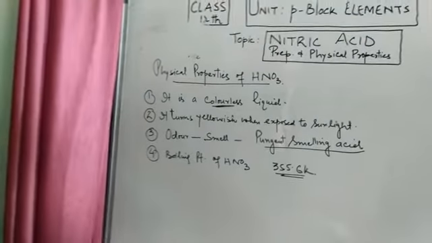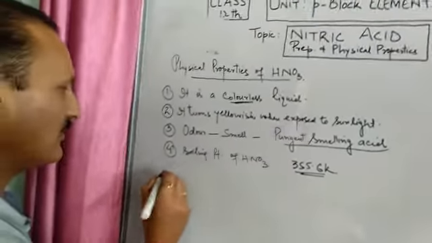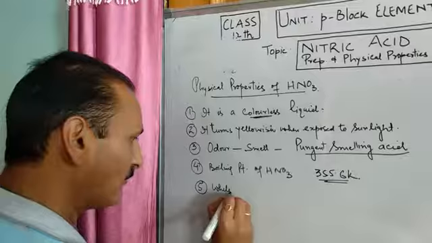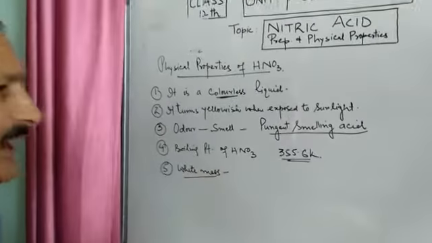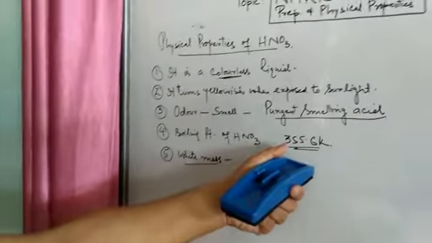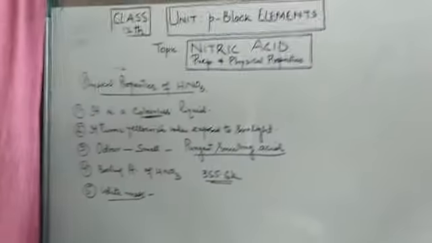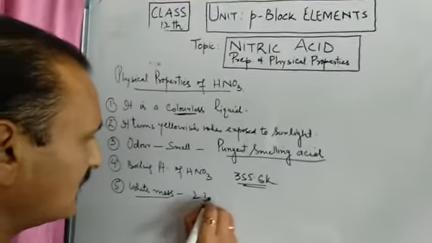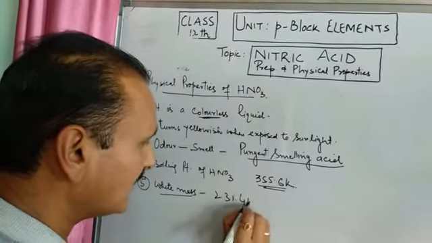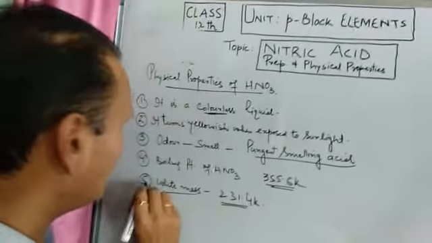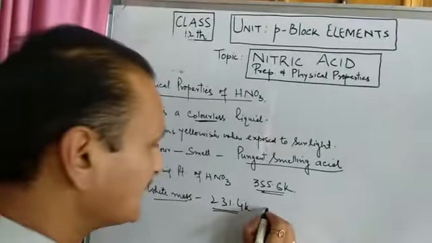If we want to freeze it, it can be frozen to a white mass, but at a temperature much below 355 K. It freezes at 231.4 kelvins. At this temperature, our nitric acid freezes into a white mass.